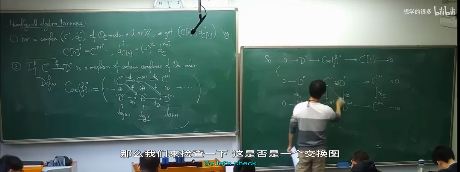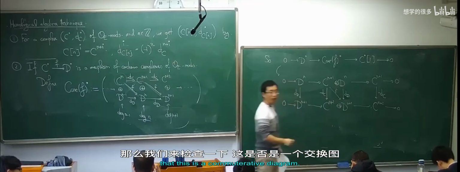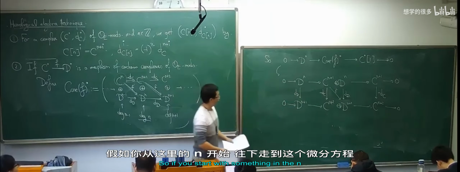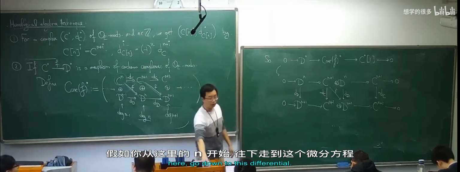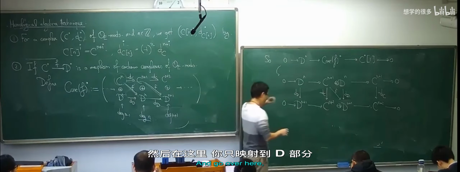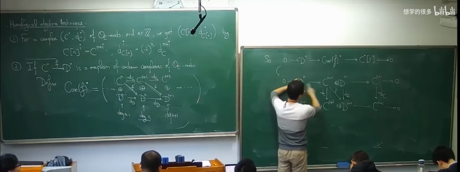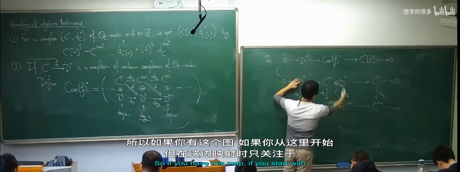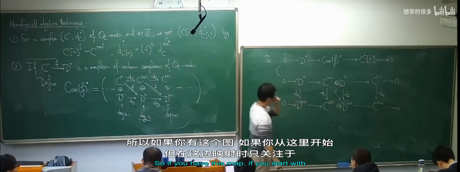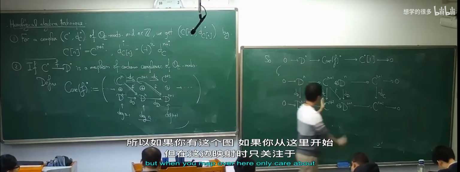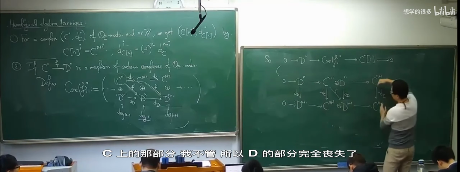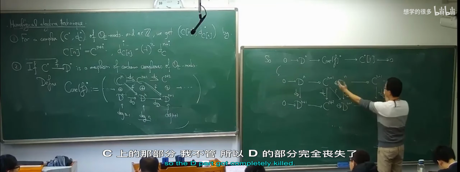Okay, so let's check that this is a commutative diagram. If you start with something in D_n here, go down by the differential, and go over here, you only map to the D part. So that's a differential downward. That's okay. If you start with something in here and map over here, I only care about the part on C. So the D part got completely killed.